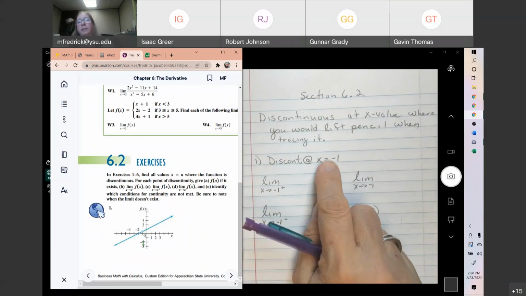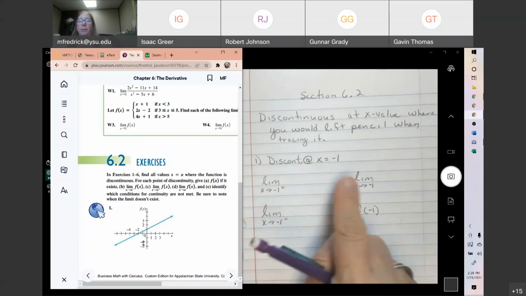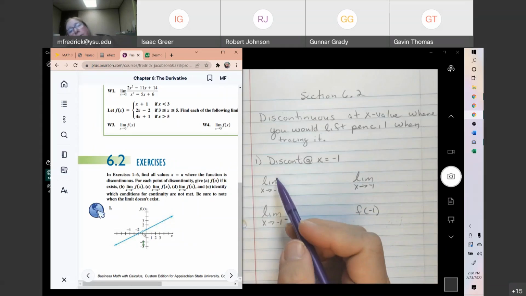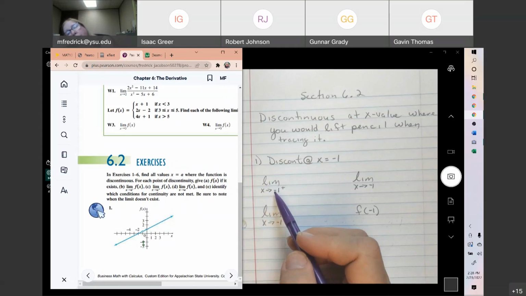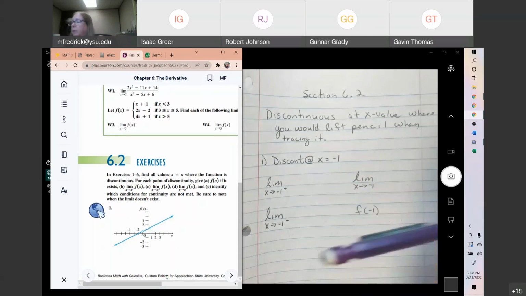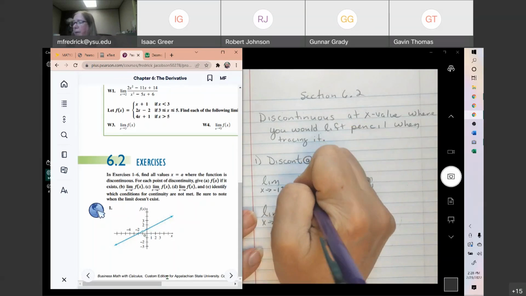In order to be continuous, these would all have the same answer. So when we find the limit as x approaches -1 from the right, that means a little bit larger. So I go where -1 is and I go to the right because that's the larger values. And notice my lines here. As I'm getting closer and closer to that open circle, my y value is getting closer to 1/2.